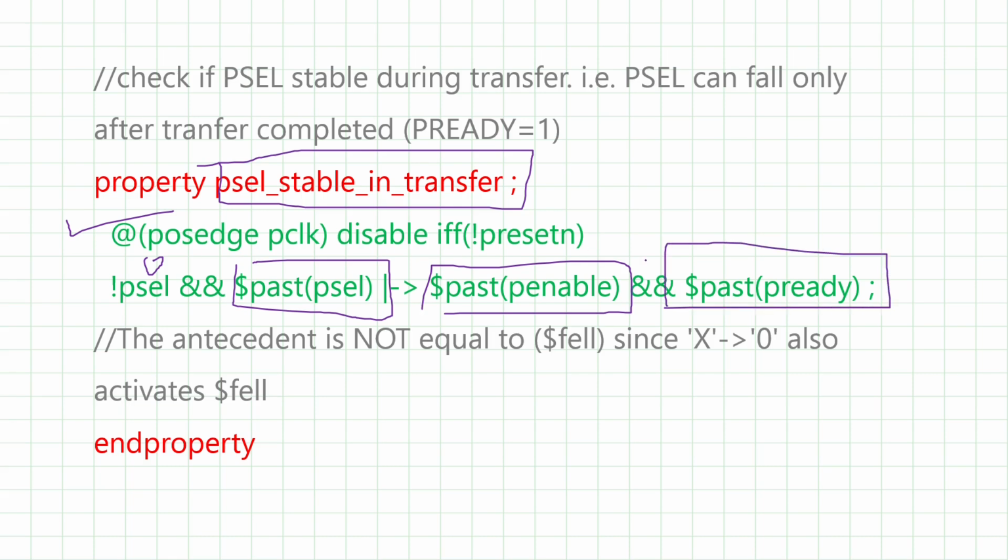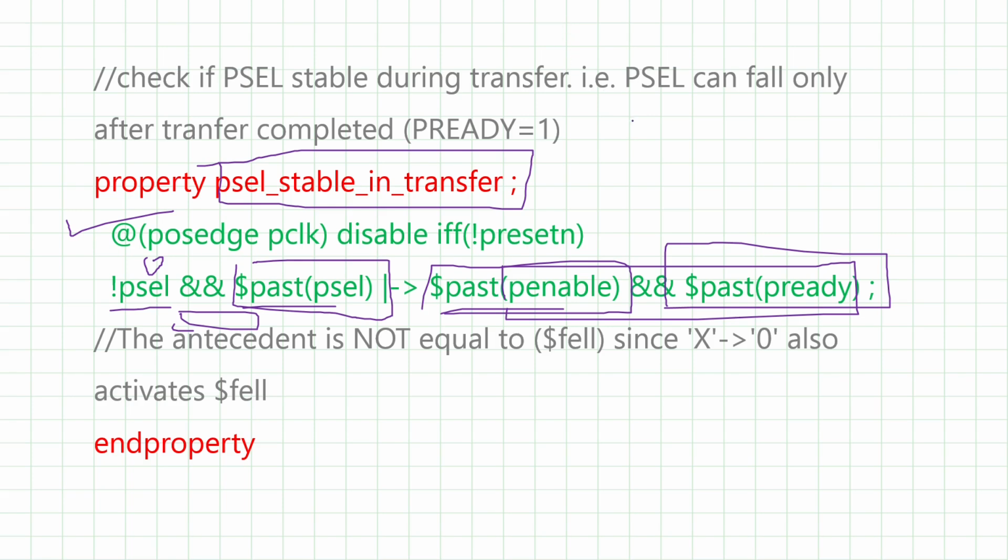So this assertion is checking that if the signal is stable, p enable is 0, previously also 0, or p select is 0 at past p select, and then the logical ending, and at $past p enable and p ready, whether these signals are there or not. Focus on the transfer stage.